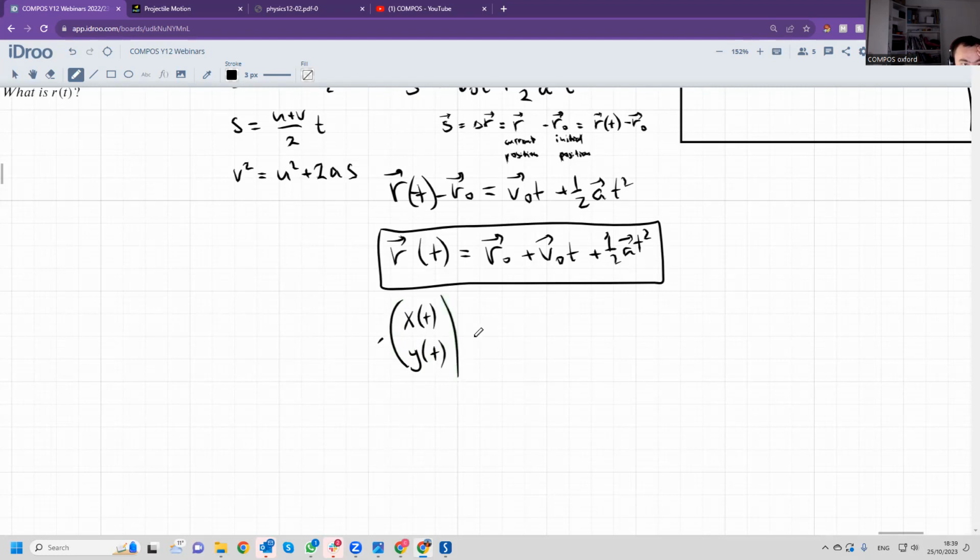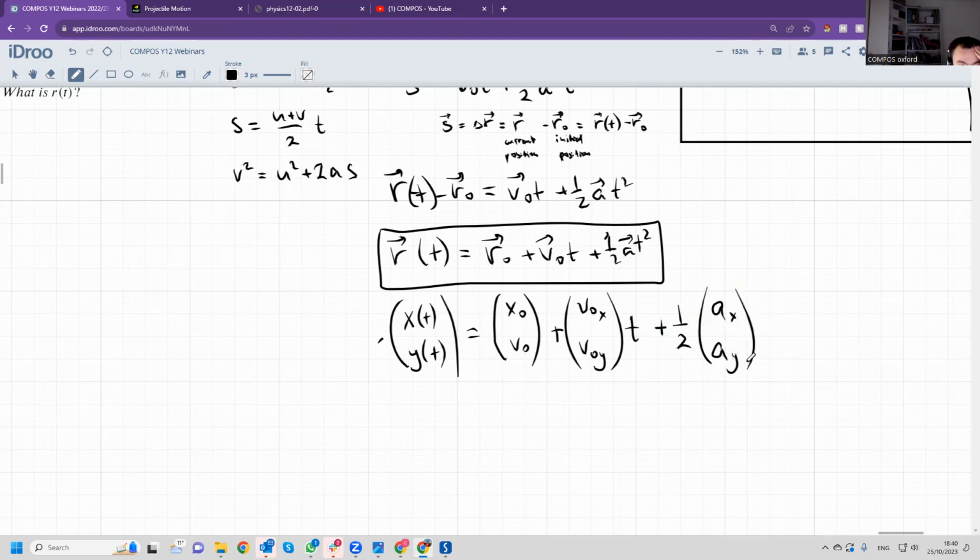This vector is equal to the initial position plus the initial velocity in the x direction, initial velocity in the y direction, times t, plus 1/2 acceleration in the x direction, acceleration in the y direction, t squared.